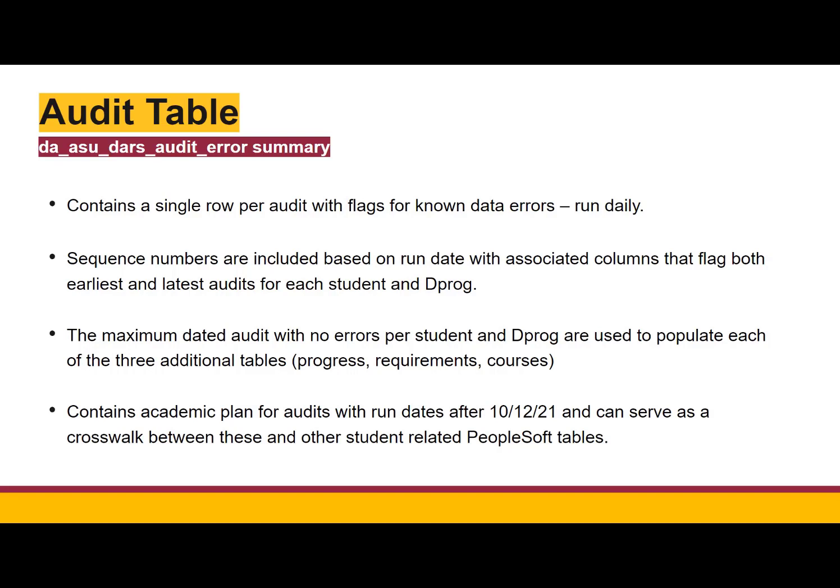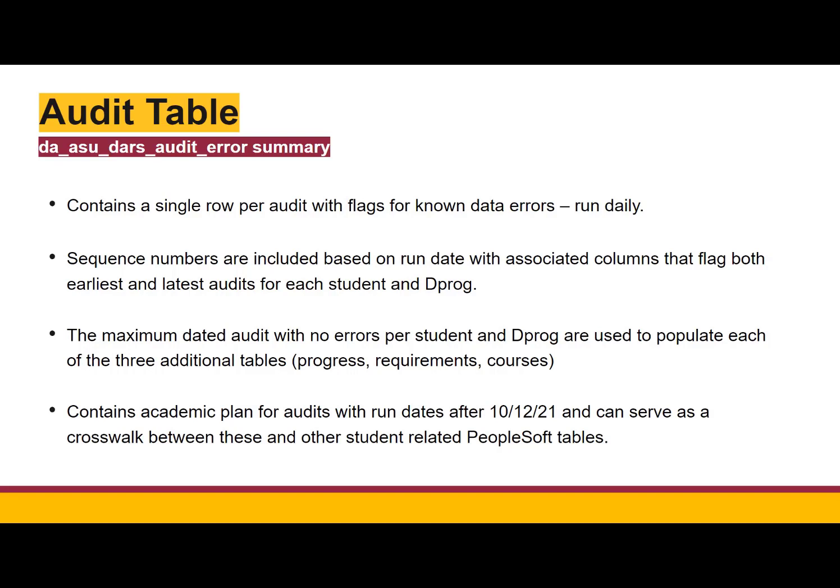This table contains the academic plan, so it can kind of serve as a crosswalk between our DARS tables and the PeopleSoft tables, because most of the tables just contain DPROG. One note: prior to 10.13, we were using the audit user table, but when it was put into Redshift, we lost academic plans.